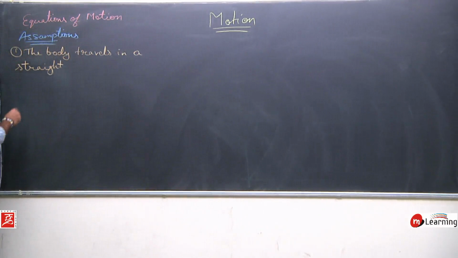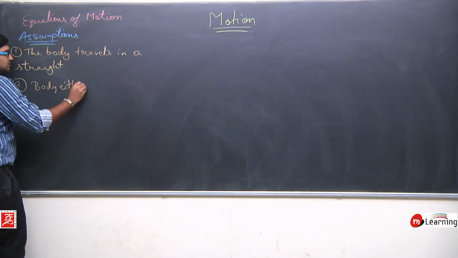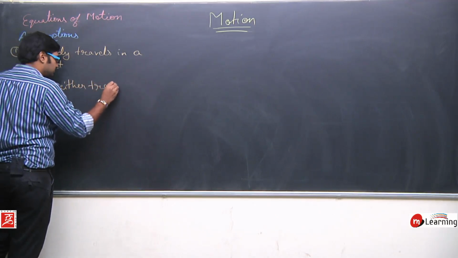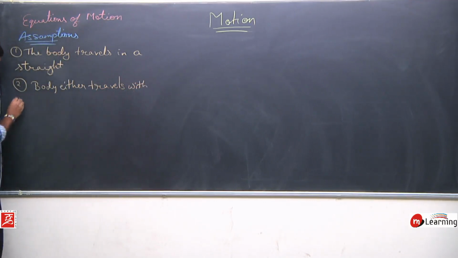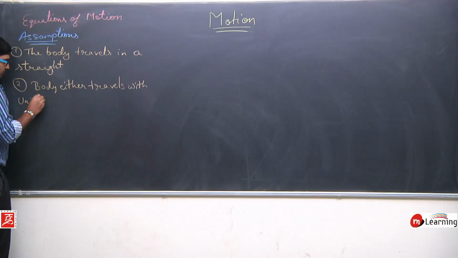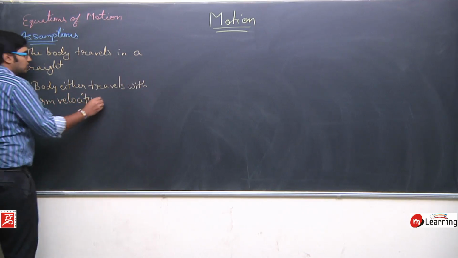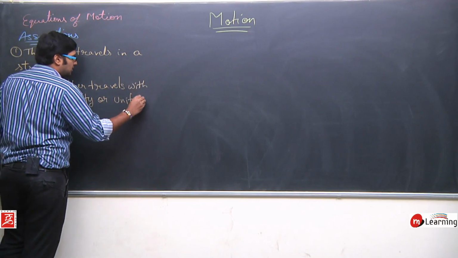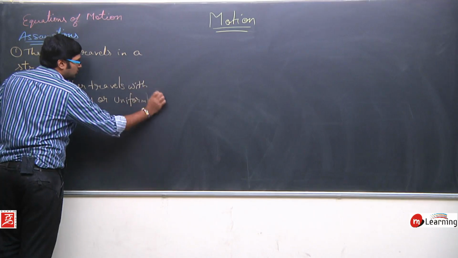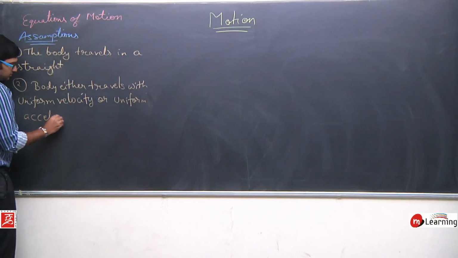And the second assumption is that the body either travels with uniform velocity or uniform acceleration, okay.